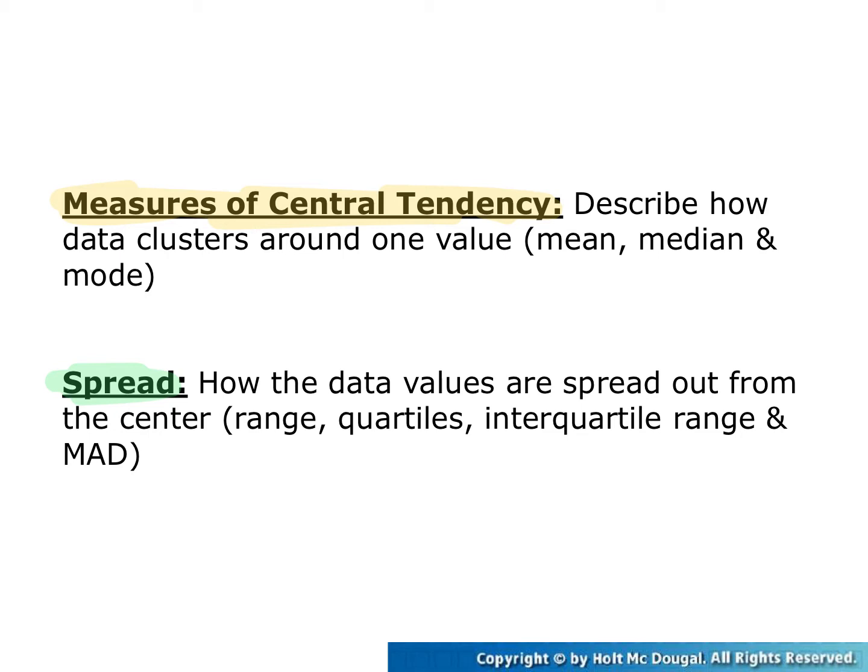The interquartile range, which we also talked about yesterday and we're going to talk about again here, is just Q3 minus Q1. And then something called the mean absolute deviation, which we're going to work on, excuse me, that's going to be Thursday and Friday.